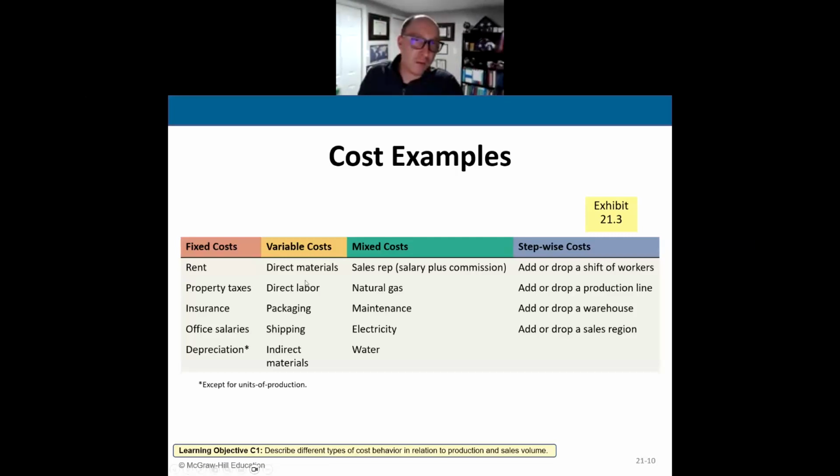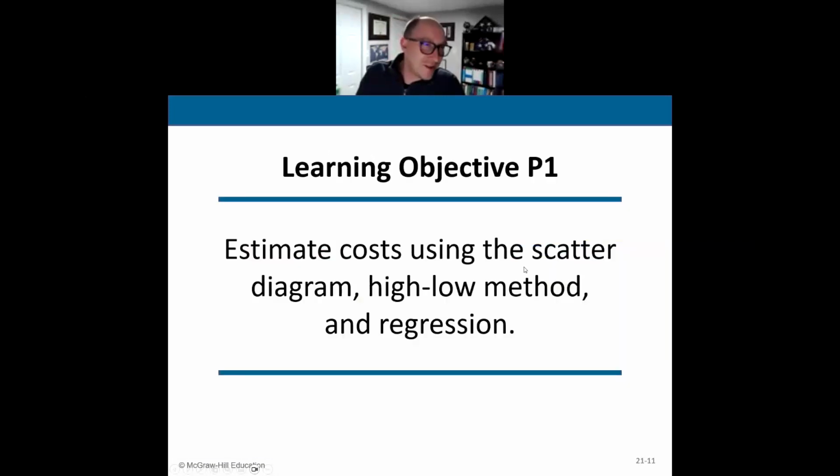Okay, so now that we know about fixed costs, variable costs, mixed costs, and stepwise costs, in business, we run a lot of statistics, because with statistics, we can make better decisions about our costs, and we can look at them differently. So we use a couple of statistical models in order to show us the data in a meaningful way. And so we take all those costs and we look at things like a scatter diagram, the high-low method, and the regression analysis method.